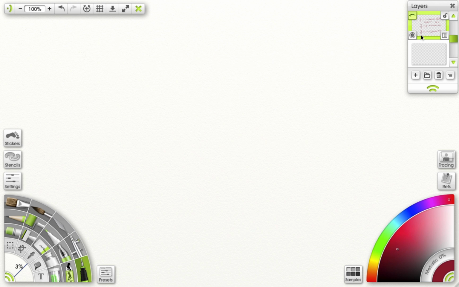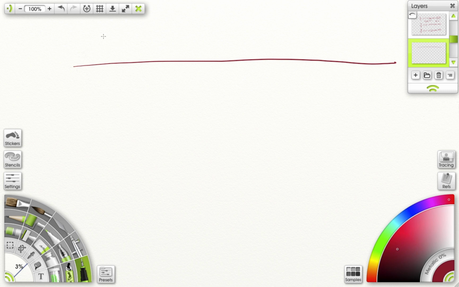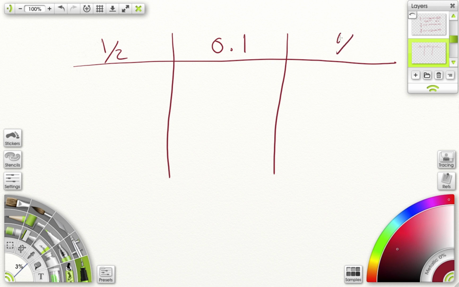Now I'm going to quickly write out a quick chart. So if you have a chart that has fractions, decimals, and percents, it will look different on the chart that you get, but I'm just going to write it like this, just because it's hard to write with this thing.